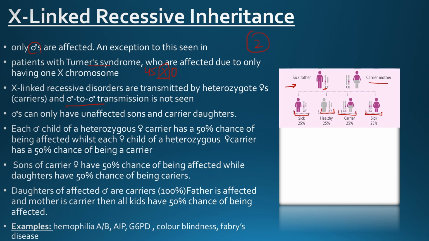Let's learn it with another example. For instance, the father is sick or affected, whereas the mother is completely normal. Now, what will happen is, I'm changing the color again.